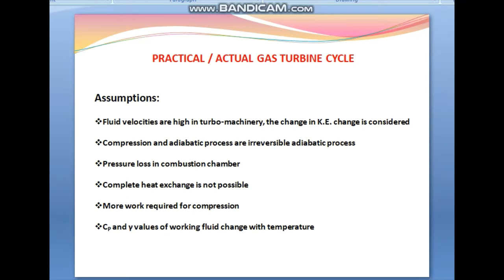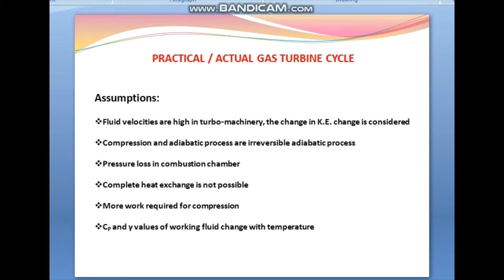Number five: the mass flow is assumed to be the same in spite of the addition of fuel. This is justified because the bleeding of air from the compressor, which is around 1 to 2% for cooling the turbine disc and blade roots, is compensated by the addition of fuel.